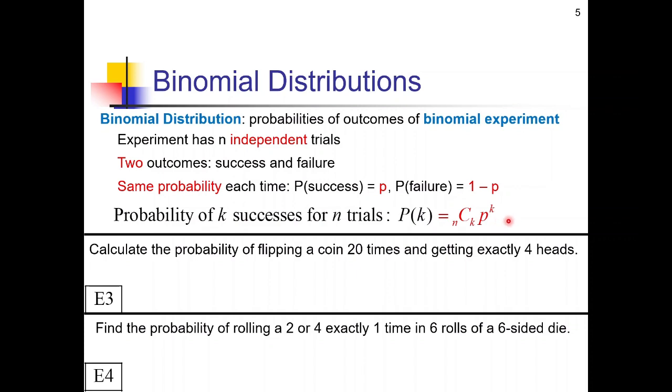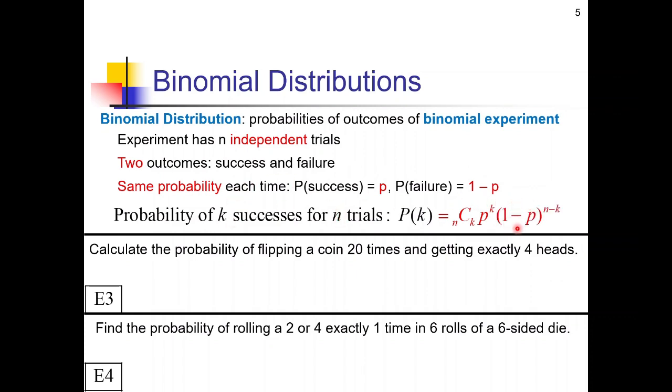And the last part is we also have to take into account the failures, because with this one, with getting exactly 4 heads, we don't want to get more than 4 heads. So to get the failures in there, we need to do 1 minus P raised to the number of failures, which would just be n minus k.